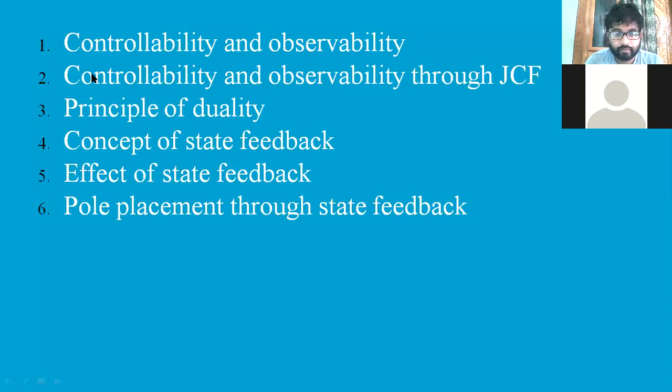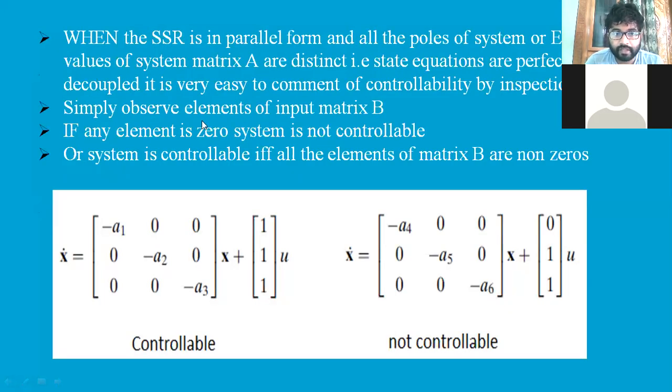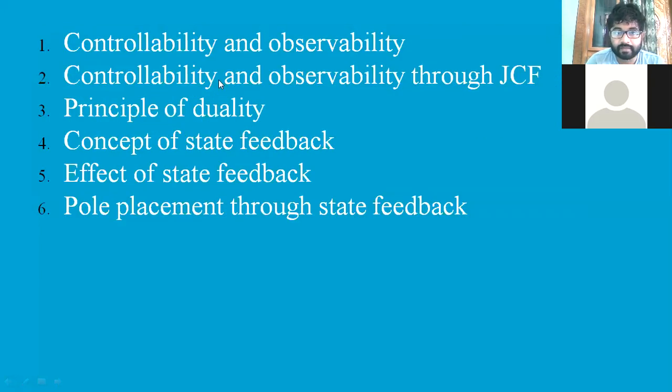So today let us see the second concept, that is controllability and observability through Jordan canonical form. Jordan canonical form is a subcase of parallel form.